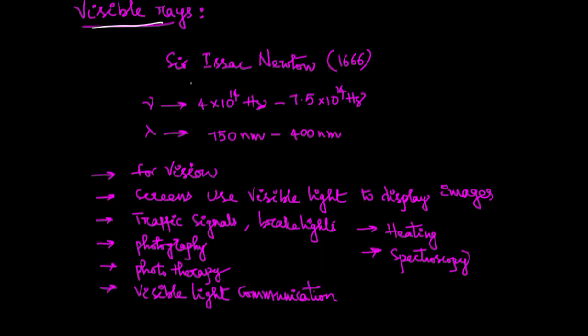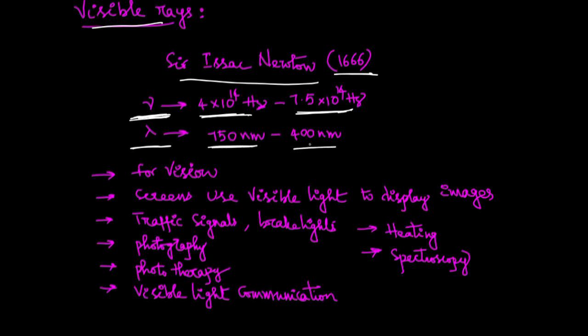Visible rays were discovered by Sir Isaac Newton in 1666 while he was doing some experiments with prisms, and the frequency is given by 4 into 10 power 14 Hz to 7.5 into 10 power 14 Hz, and the wavelength is 750 nanometers to 400 nanometers. And the uses are: these rays are responsible for the vision of all creatures.